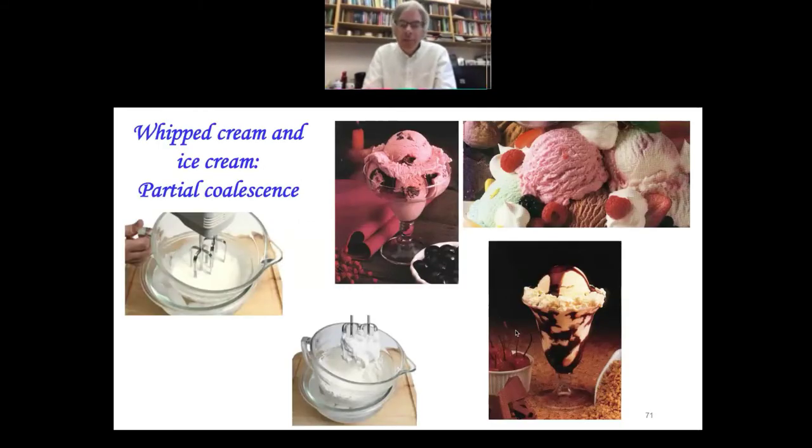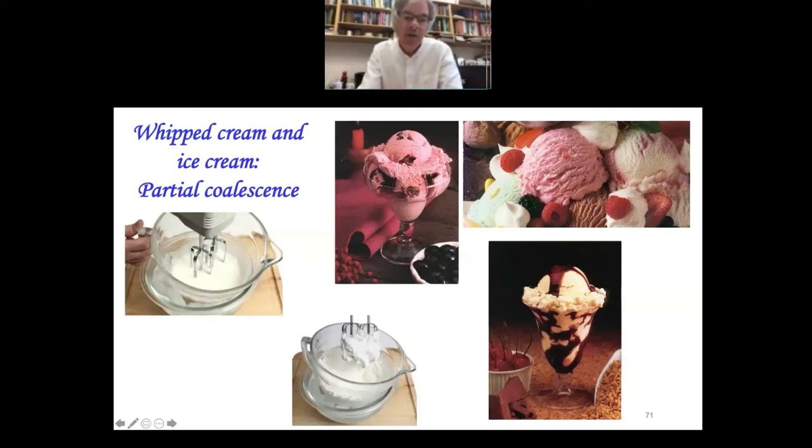So whipped cream, I hope many of you will be familiar with the concept. We take a heavy cream, typically 35% fat, that's just come from a high concentration through the cream separator. So the heavy cream here is in the form of a liquid.